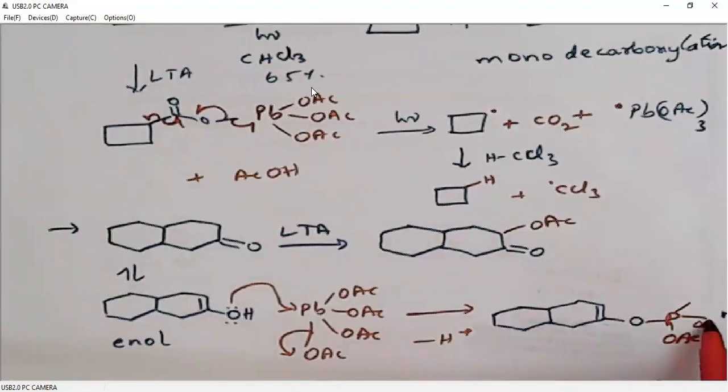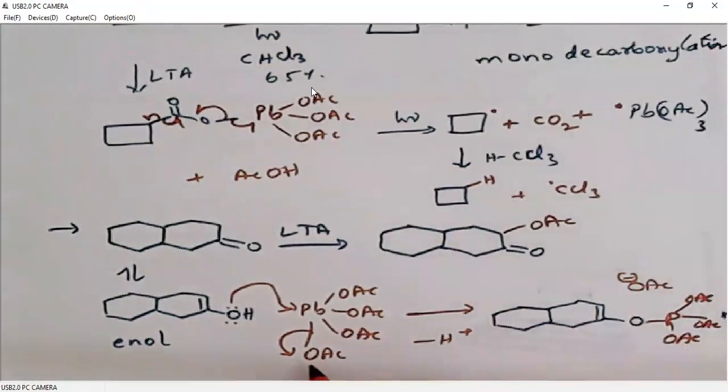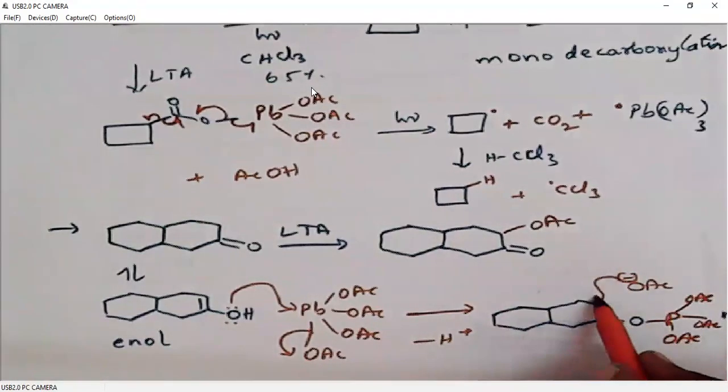Then this OAc minus, which left in the first step, will now attack on this carbon. So this double bond will be polarized towards the carbon-oxygen single bond. So again it generates a carbon-oxygen double bond. Sorry, this is lead, right?